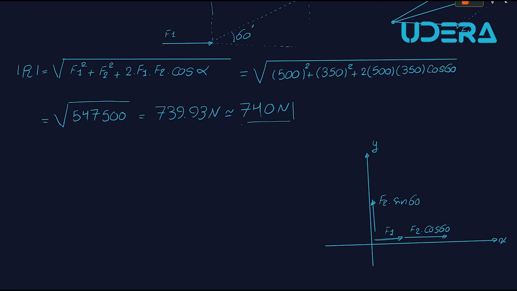With this in mind, I can write R is equal to the x components, F1 plus F2 times cosine of 60 i, plus the y component, which is F2 times sine of 60 j.